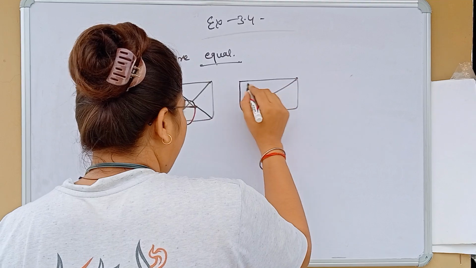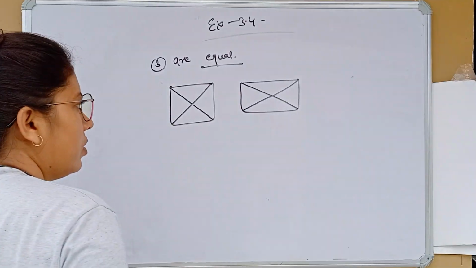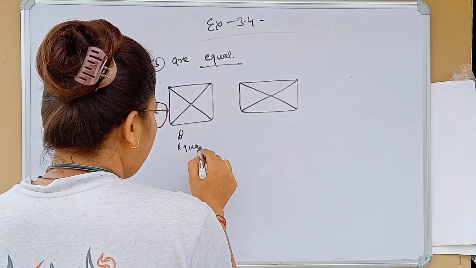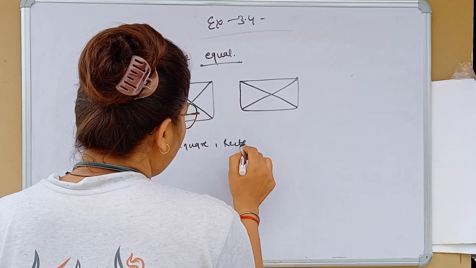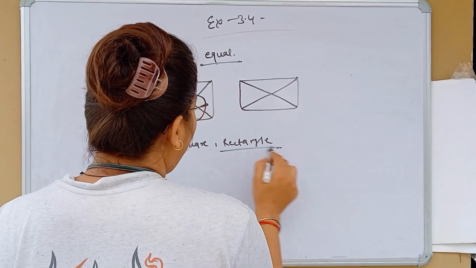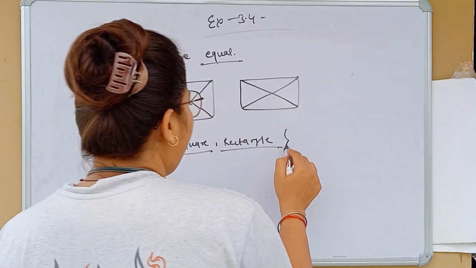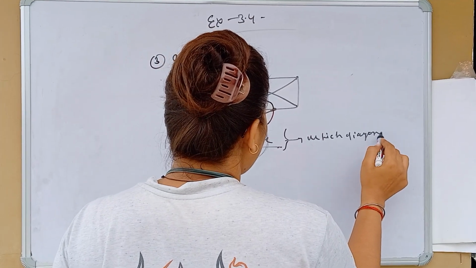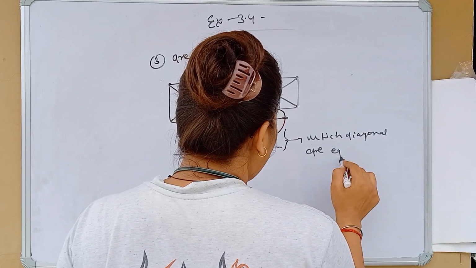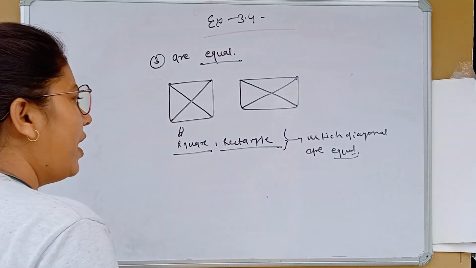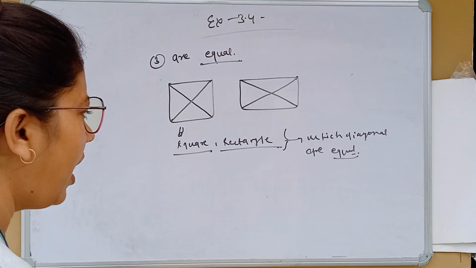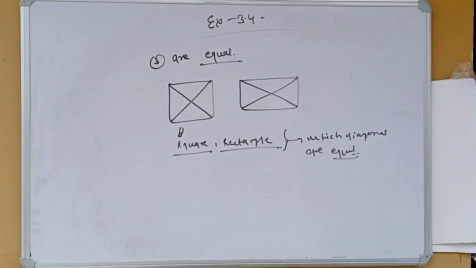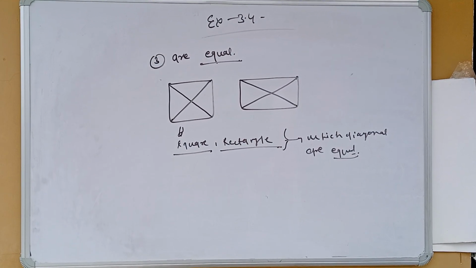You can write here that diagonals are equal. Only two quadrilaterals, square and rectangle, have equal diagonals. You can write this after the name, who is asking the question. It doesn't matter whether you write it or not, but you should understand these things. So now the fourth question is complete.